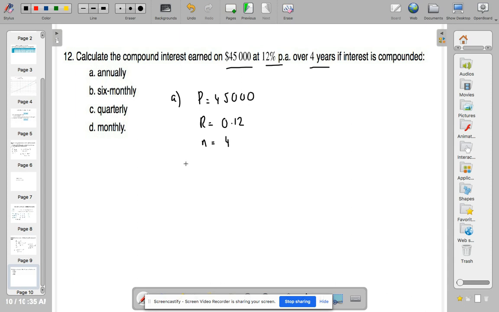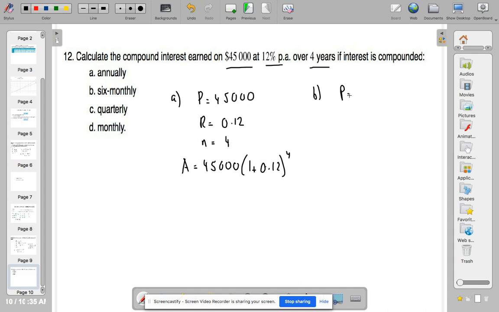So the calculation here, A will be 45,000, P, outside of 1 plus 0.12 to the power of 4. So with annually, we don't have to divide the interest rate by anything or multiply the number of years by anything.